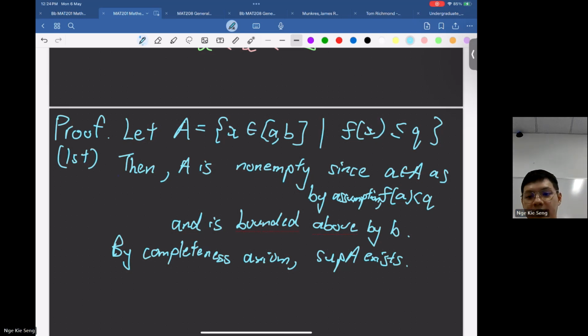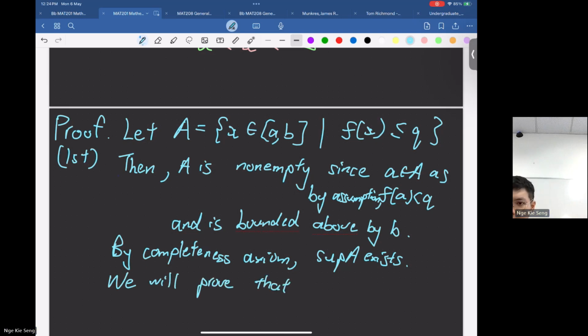And we will prove that f of sup A is equal to Q. Okay, this is the point that we want.